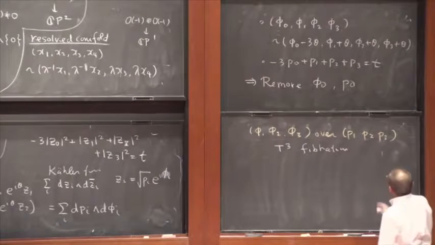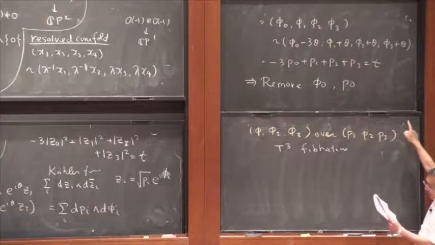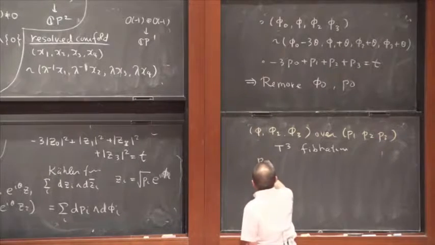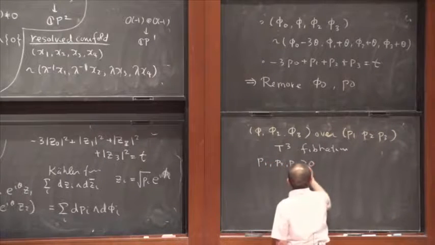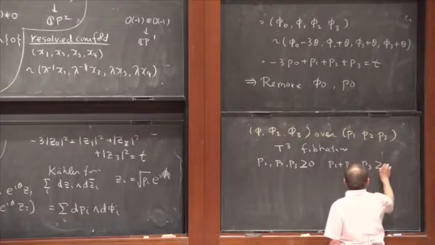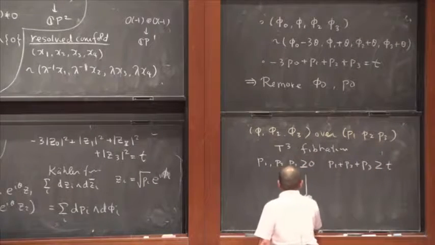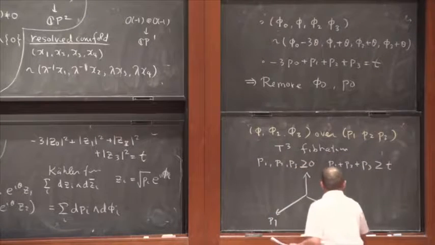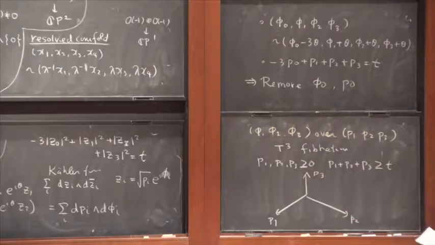Second, the sum of p1, p2, p3 has to be greater than T, because subtracting 3p0 should give you T. So p1, p2, p3 have to be positive, and the sum should be greater than T. In the three-dimensional space of p1, p2, p3, first you take the octant by restricting them all to be positive.